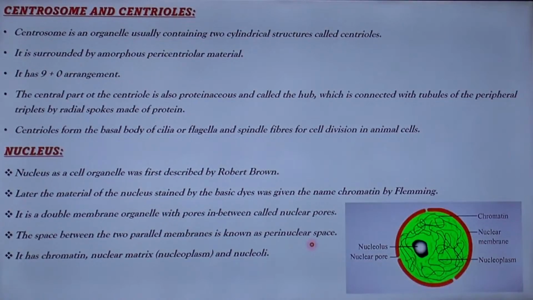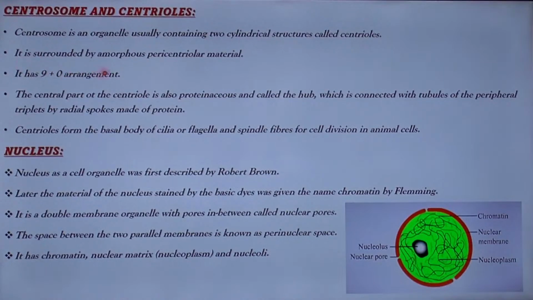Next, centrosome and centrioles. Centrosome is an organelle usually containing 2 cylindrical structures called centrioles. So the centrosome is present inside the cell, and the cylindrical structures arranged in it are called centrioles.